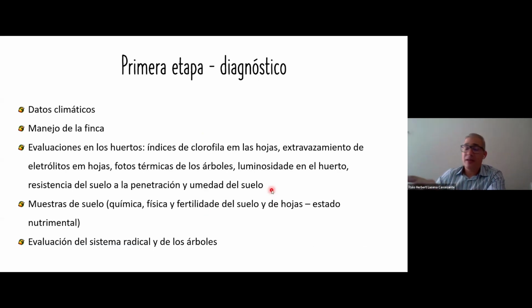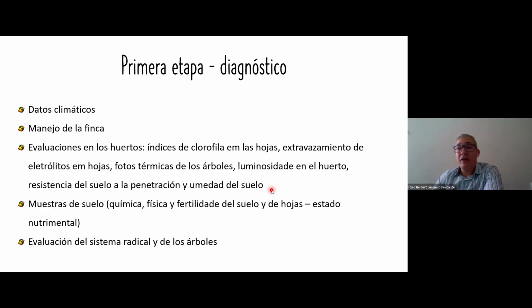So the first stage is diagnosis, which is extremely important because the first thing that we do when we really seriously want to solve a problem or help resolve a problem is to understand the problem. What is directly causing the problem? Especially because of what I mentioned, we see that fruit size is not the result of one single factor and there's no magic wand. It's rather the result of a series of factors.